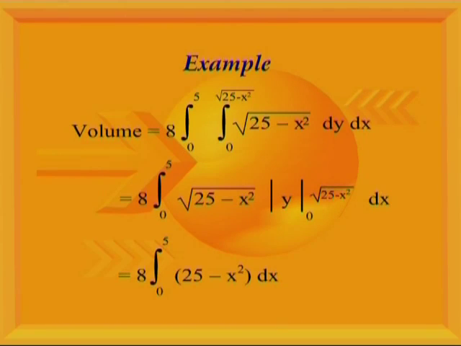So now the integration of this is, first of all, with respect to y, it is square root of 25 minus x square into y, and putting the limits for y, we get 25 minus x square. And now we will integrate 25 minus x square with respect to x between the limit x is equal to 0 to x is equal to 5, and multiplying all of this by 8.